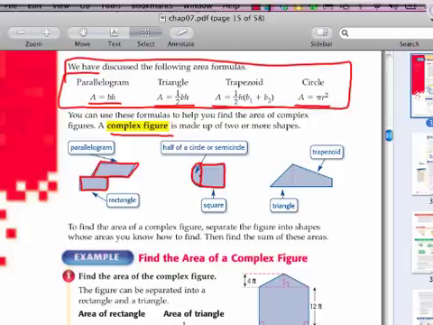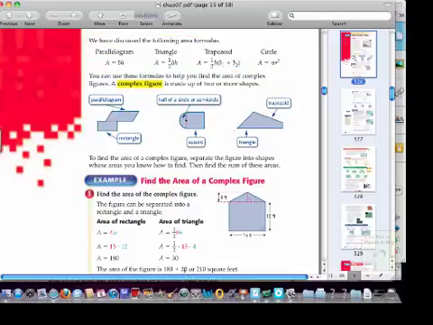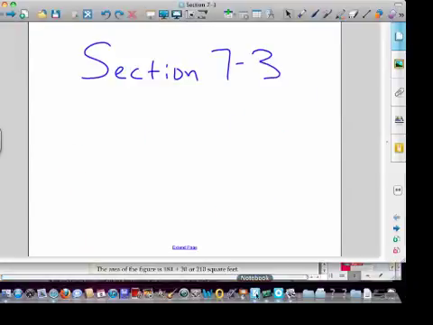Or over here, if we drew a line down here, we've got a trapezoid on this side and a right triangle over there on that side. And so that's what we're going to look at. We're going to look at how you figure out the area for those types of things that have more than one shape to them. Okay? And we're going to find that basically all we need to do is break that down into those particular shapes that we do know.